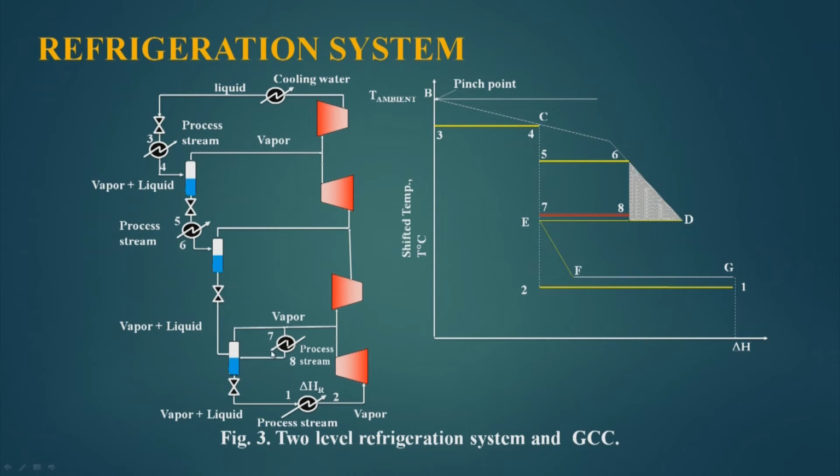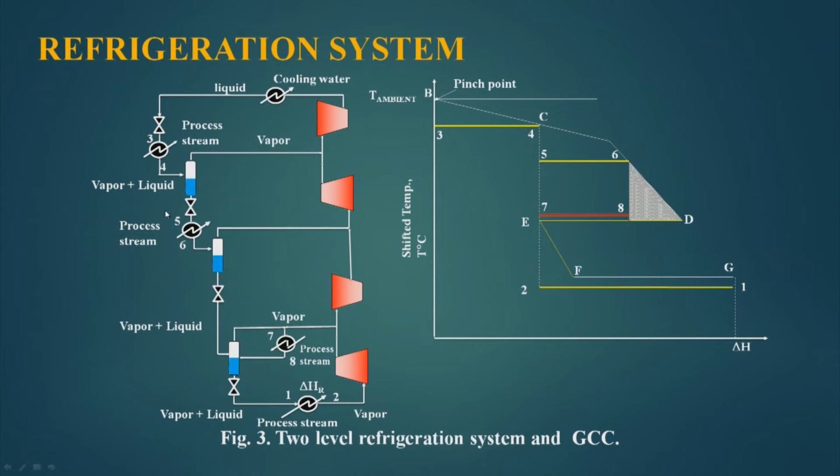What it is doing? It is taking this vapor and it is rejecting this heat, and this is being transferred to here. That means, the heat which is available with this vapor is rejected to this area, and cooling is done, and the liquid and gas mixture is separated here.